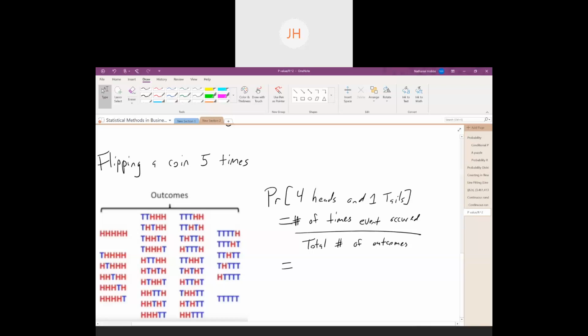Okay. Let's start first with the bottom here. What are the total number of outcomes for flipping a coin 5 times? It would be 25. Not 25. You can count them here if you want.